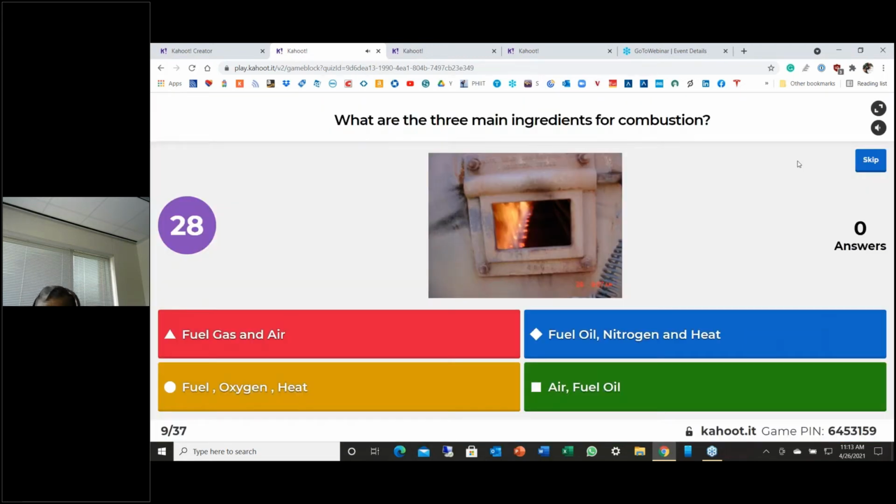What are the three main ingredients for combustion? What do we need for combustion?